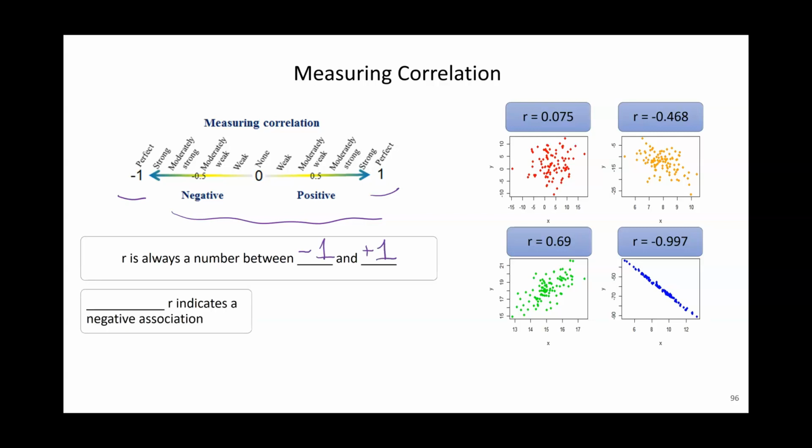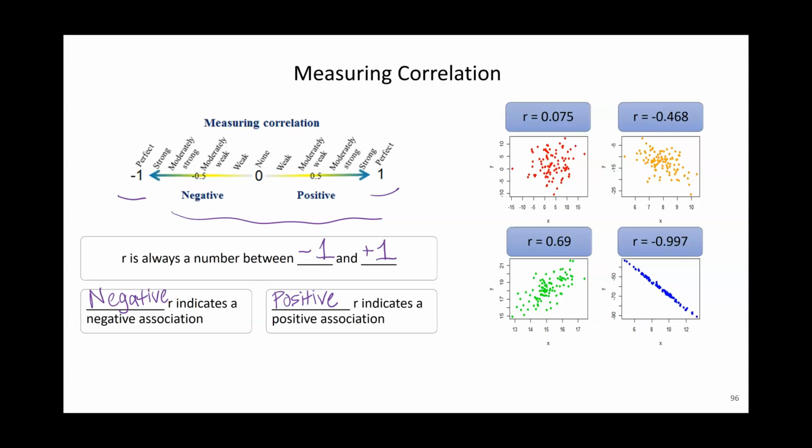So if I have a negative correlation coefficient, it means that when we're talking about form, it has a negative relationship or negative association. And if I have a positive correlation coefficient, it means that if I were to fit a line, it has a positive slope.